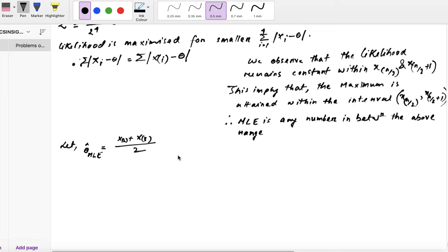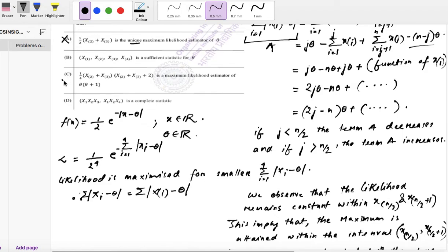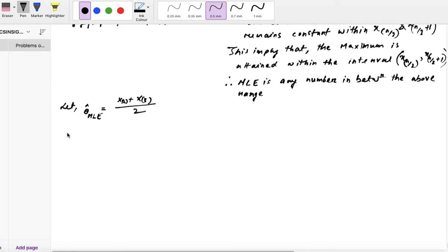Alright, now we are given this option. Let's verify it. It is given 1 by 4 times x2 plus x3, times x2 plus x3 plus 2. Let's multiply the whole terms. What do we get?